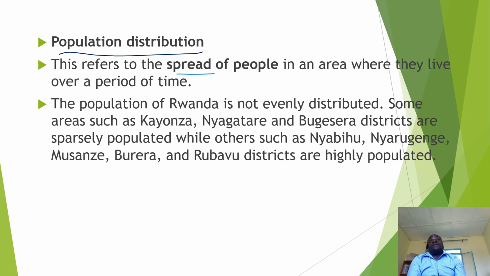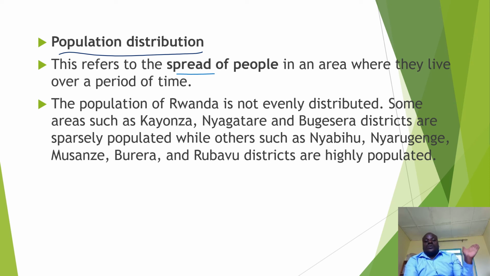And we believe in Rwanda, population is not evenly distributed. Some places are densely populated, others are sparsely populated, others are not populated or not settled at all. So you can look at that, for example, using your common knowledge from where you come from.